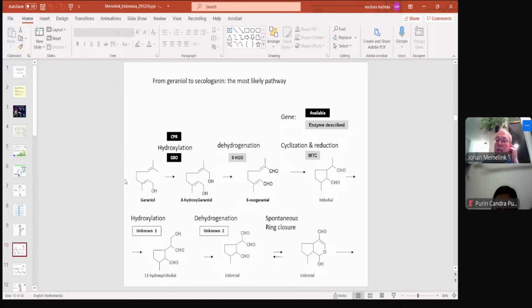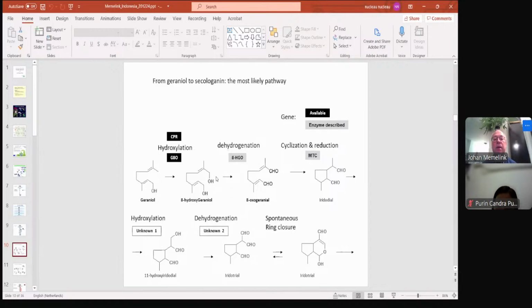Okay, this is the same kind of pathway, but at a more chemical level. This is the way we were looking at this pathway, just to see what the different steps are, and by looking at what chemically happens.